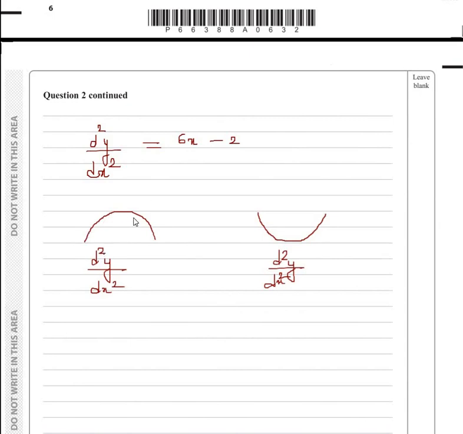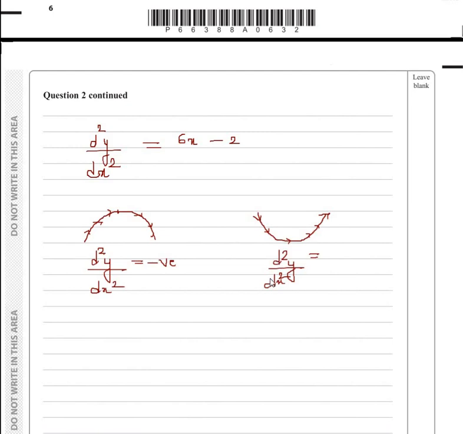So here in this curve, as you can see, the curve increases, goes to a maximum point and then decreases. That means here d square y by dx square is negative since the curve is decreasing. And here, as we can see, the curve starts off to reduce, then moves to a 0 point and then it moves to a minimum point.